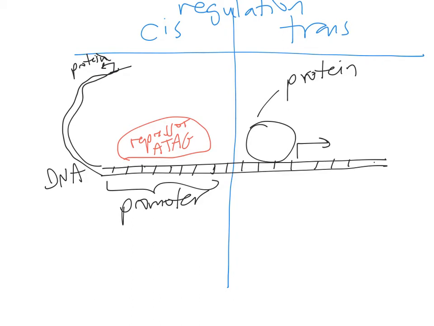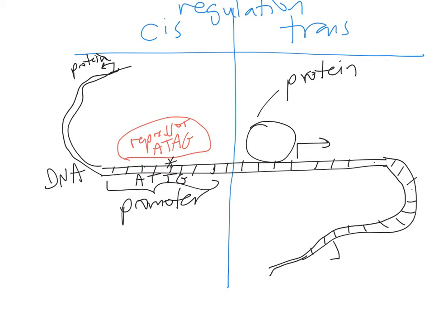Let's say we have a mutation in the promoter. There's usually an ATAG there, but now it's been mutated, that third nucleotide, to T. So now it's ATTG. And let me make this a little bit more complicated, although not complicated, by saying there's another gene down here that also has the same recognition sequence, ATAG.